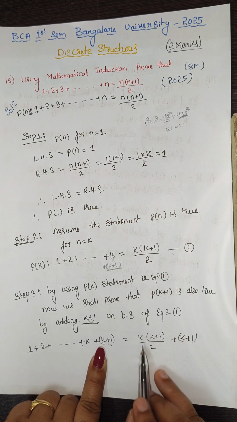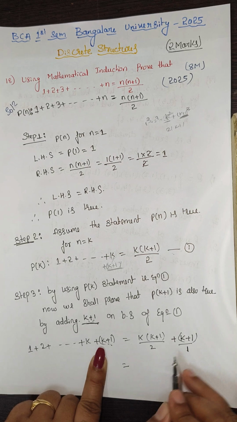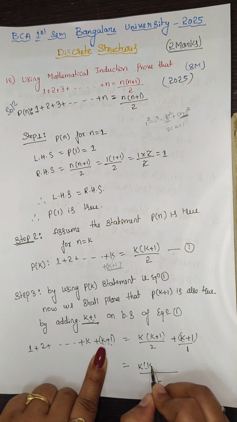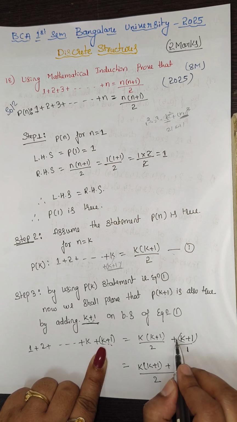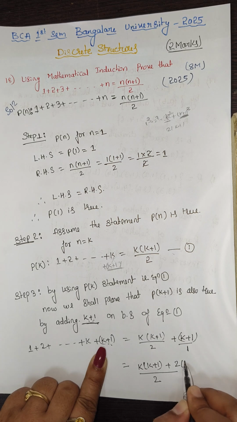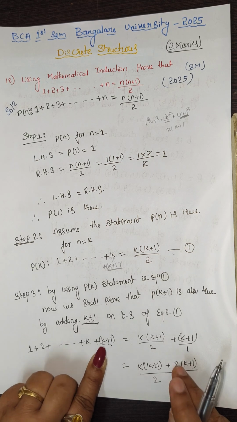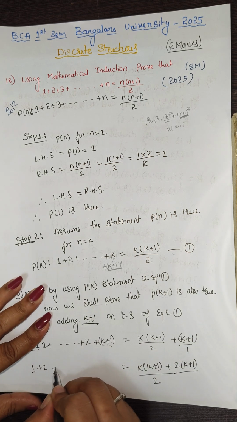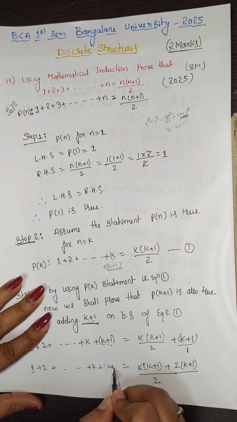Now we need to solve this RHS, the right hand side. So we have to take the LCM here. 2 is the LCM. k into k plus 1, and you have to multiply by 2 here, 2 into k plus 1. Now we need to solve this. The left hand side is the same as it is, 1 plus 2 up to k plus 1.